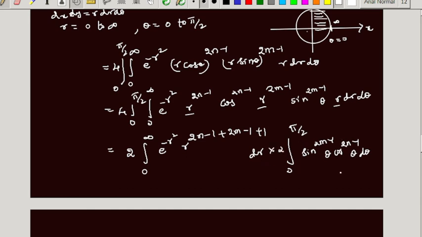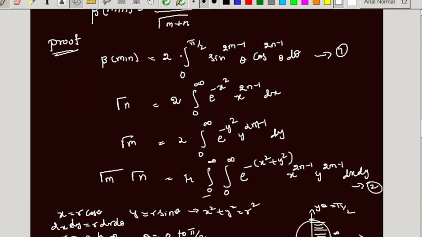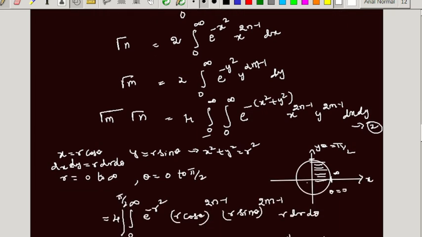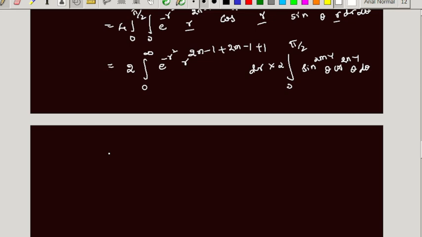So here we have written equation number 1. Equation number 1 is 2 times 0 to pi by 2 sin power 2m minus 1 theta into cos power 2n minus 1 theta d theta, which is nothing but the definition of beta. So this one is nothing but beta of m comma n. On the left hand side we have gamma m into gamma n.